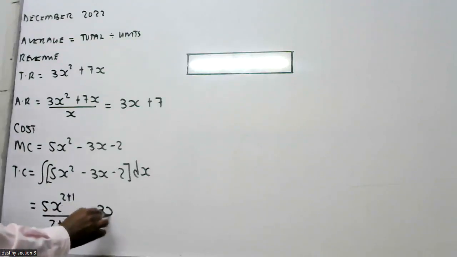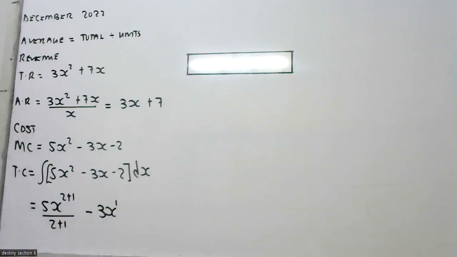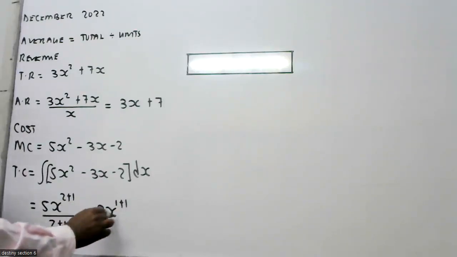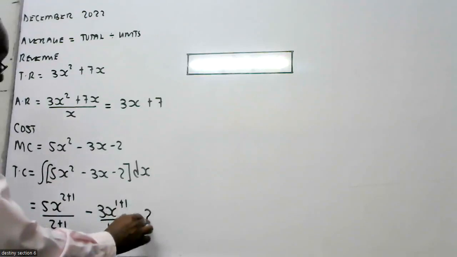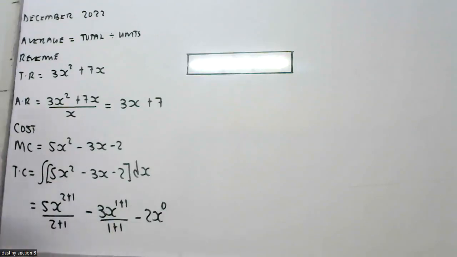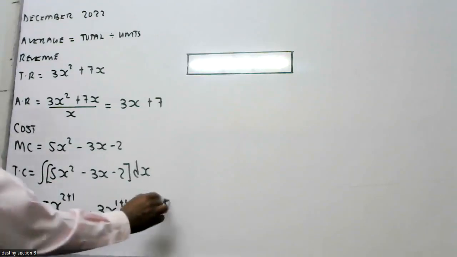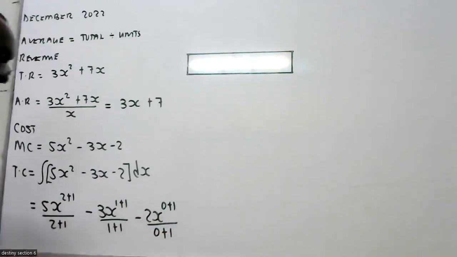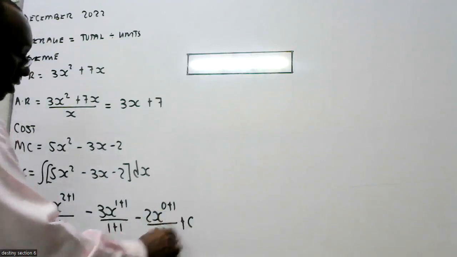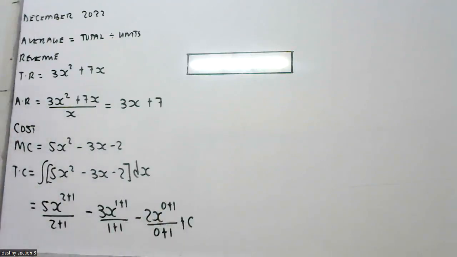Then minus 3x, which is currently raised to power 1, you add back 1, you divide by the new power, 1 plus 1. Minus 2x, which is currently raised to power 0, you add back 1, divide by the new power, 0 plus 1. Then you add the constant of integration C.